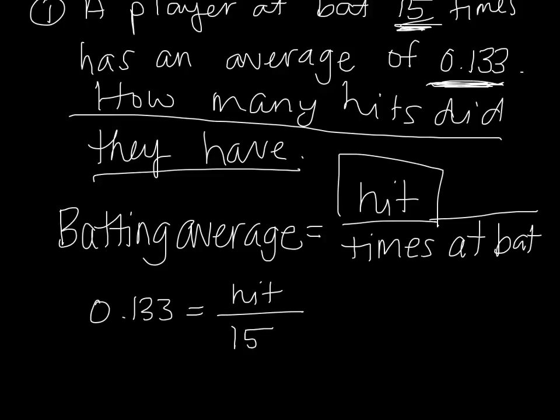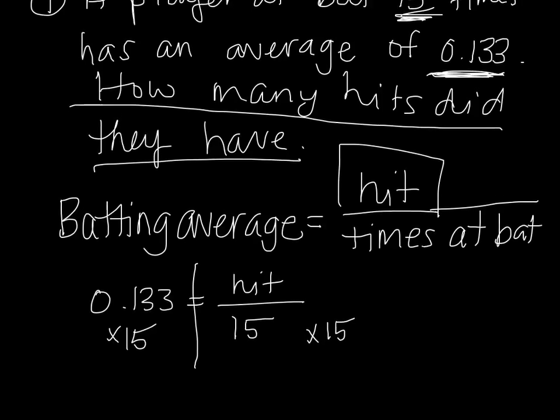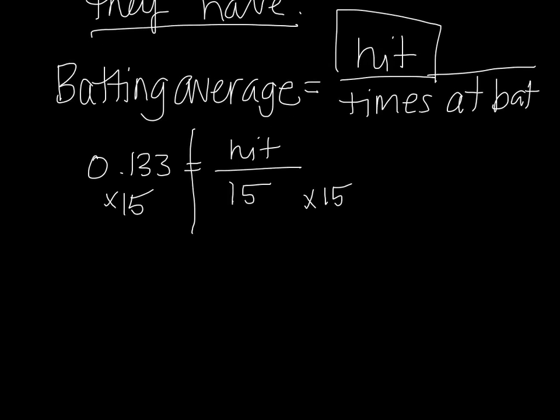Okay, now how do we solve this? I'll give you a hint. Hits divided by 15 is the side that our variable is on. So if I multiply by 15 on both sides, then I can get hits by itself, and then I will know how many times they hit the ball.